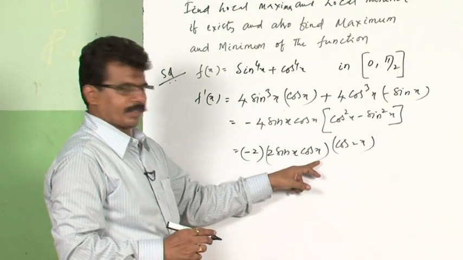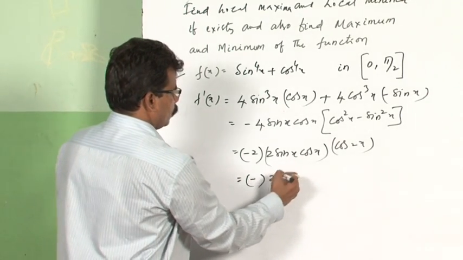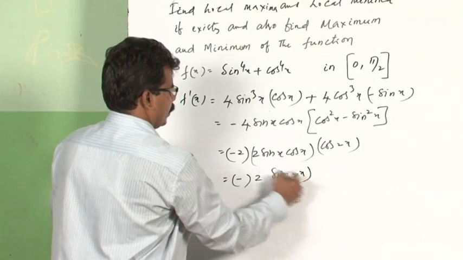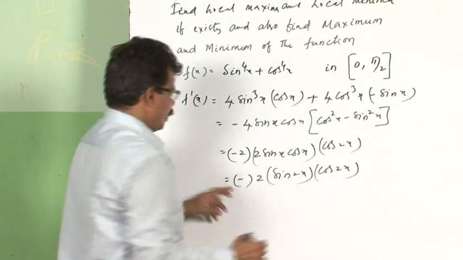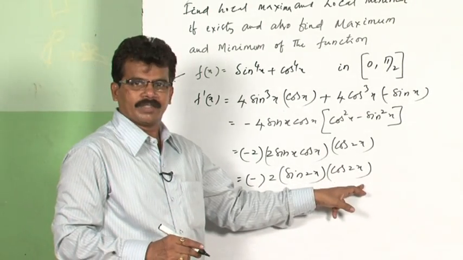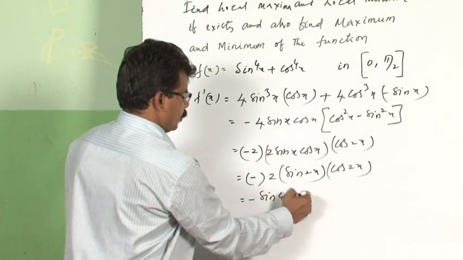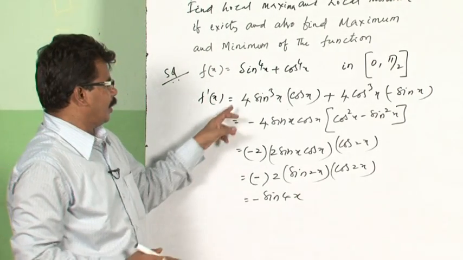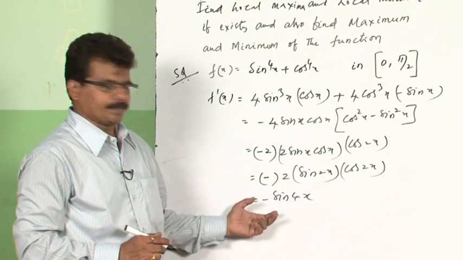What is 2 sin x cos x? Again sin 2x. That is equal to minus 2 sin 2x, and this can be written as cos 2x. So, what is 2 sin 2x cos 2x? It is sin 4x, that is minus sin 4x. So, this is the derivative of the function f x is equal to sin power 4x plus cos power 4x.